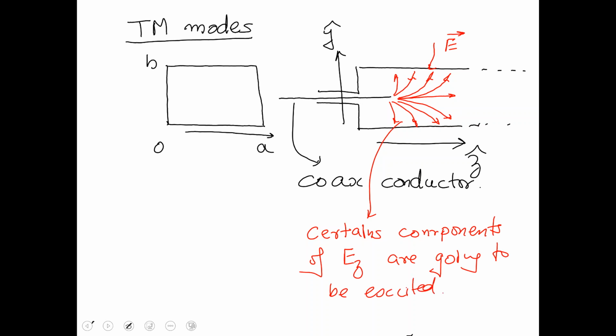They would be part of this electric field which is parallel to the Z direction, and thus after some point that electric field would start to propagate as a wave.